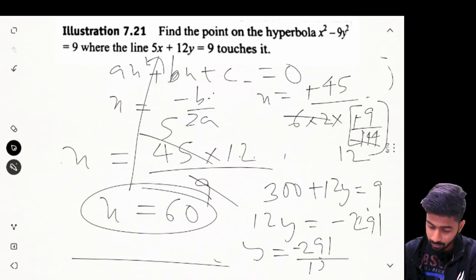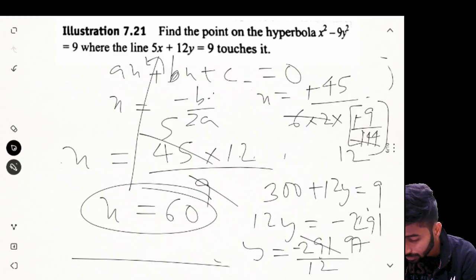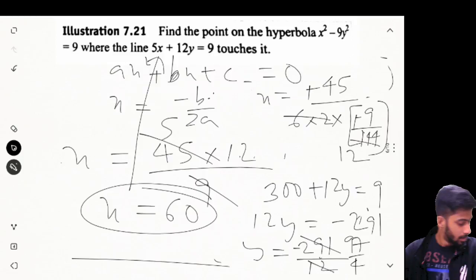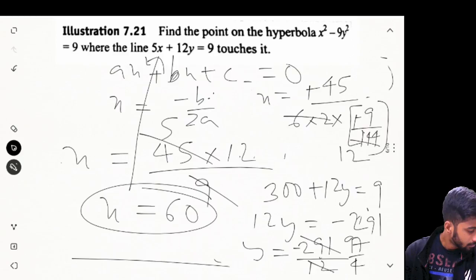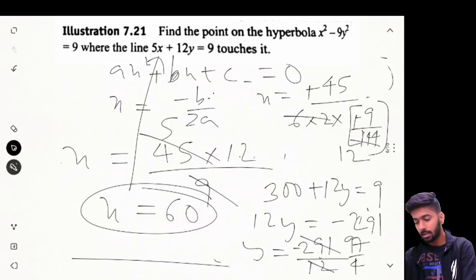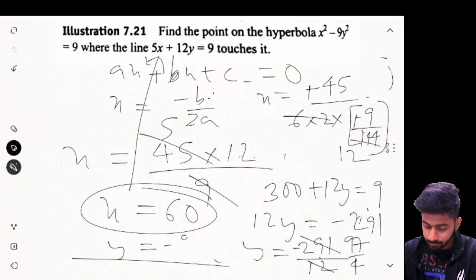So 3 can obviously cancel this. So you have 3 9s are 27, 3 7s are 21, divided by 3 4s are 12. So you have minus 97 by 4 here as your y coordinate.